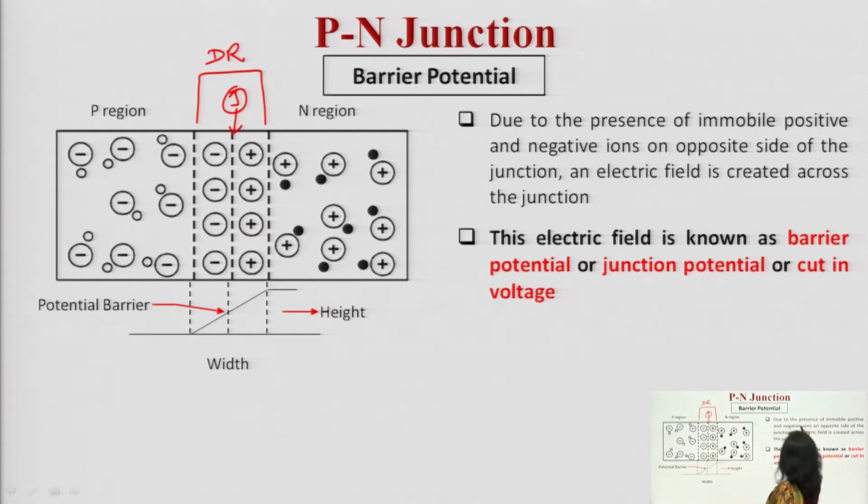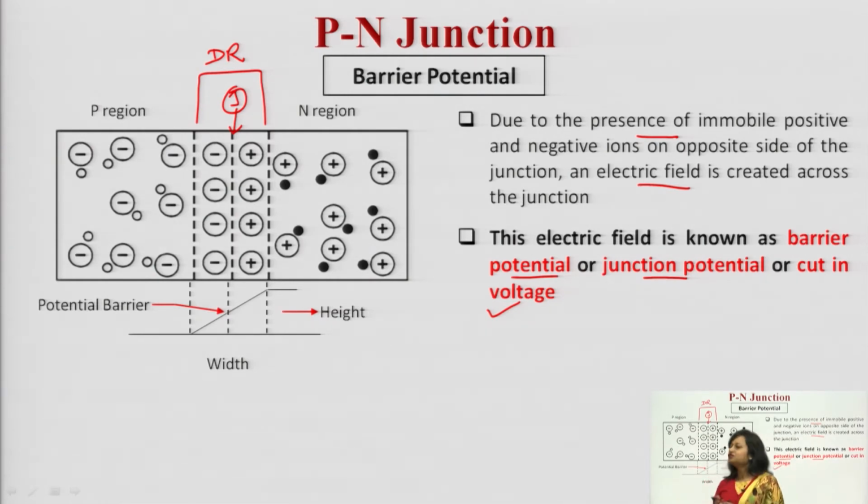So, here you can see due to the presence of immobile ions across this particular junction, an electric field is created, and this electric field is known as the barrier potential, or junction potential, or it is also known as the cut-in voltage.